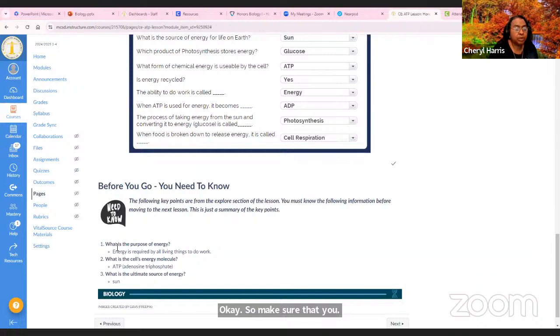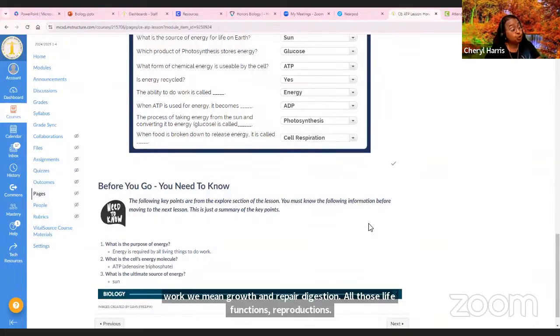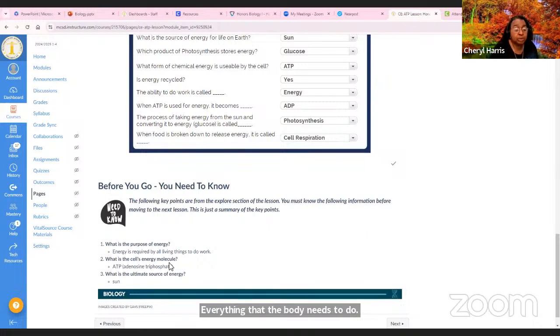All right. So again, the purpose of energy is it is required by all living things to do work. And by work, we mean growth and repair, digestion, respiration, reproduction, everything that the body needs to do requires energy. The energy molecule is the ATP, which stands for adenosine triphosphate, and the ultimate source of energy is the sun.